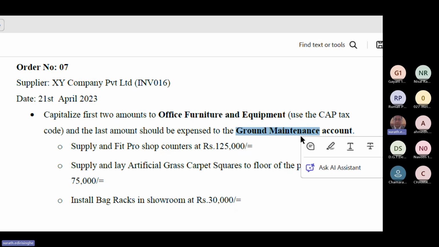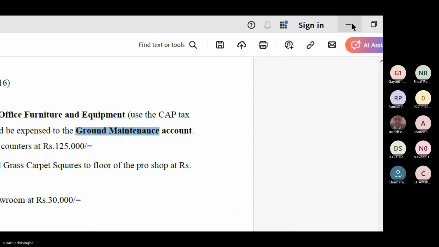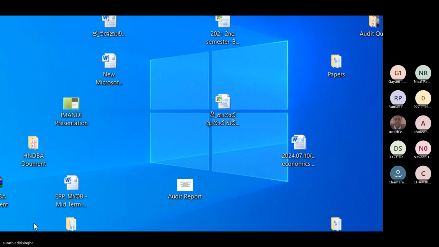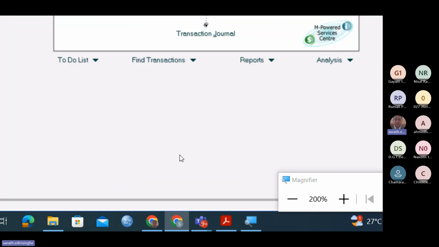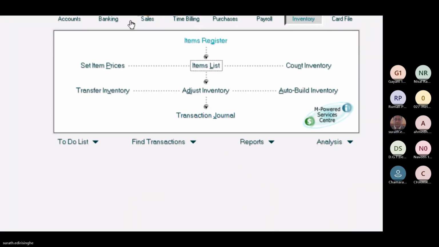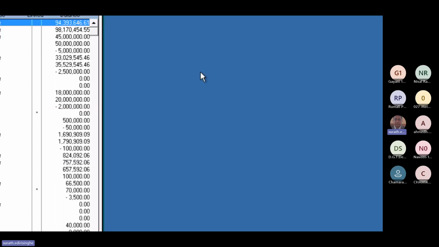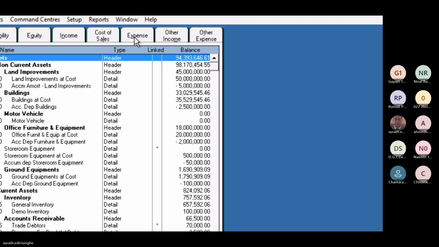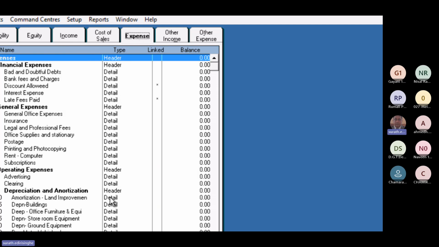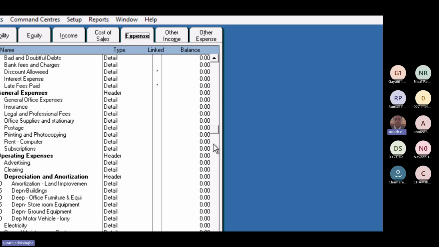Actually, the ground maintenance account is an expense account, not property, plant and equipment. Look at your chart of accounts list, under expense accounts, ground maintenance.